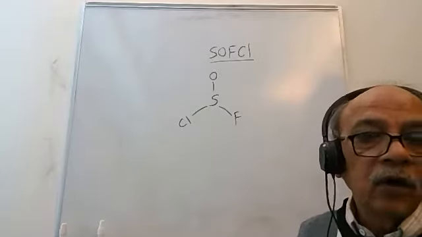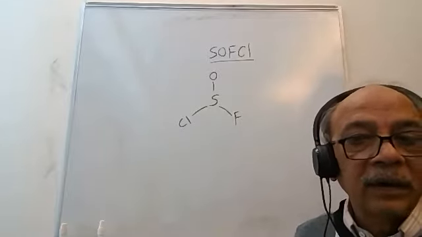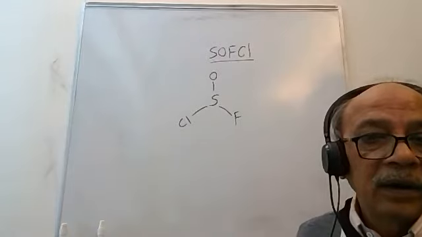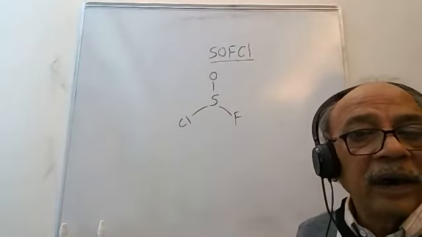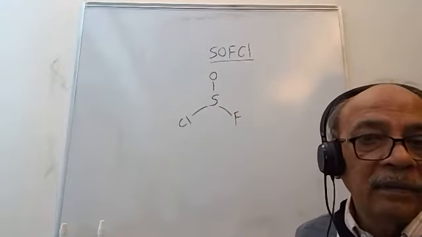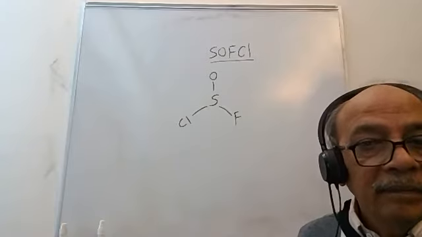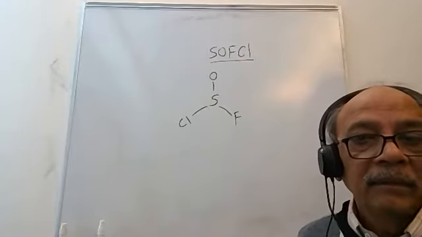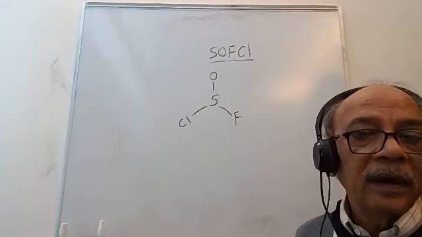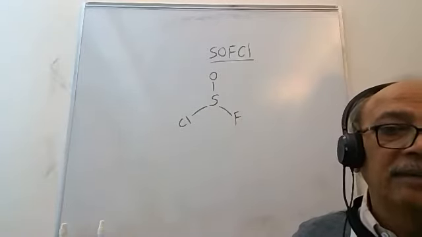Remember, oxygen is in group 6. Generally, elements in group 6, 6 minus 8 is 2, right? So they might like to make two bonds. If you have nitrogen, group 5, they like to make 3 bonds. If you have fluorine, chlorine, bromine, they are in group 7, so they like to make 1 bond. There are occasions where oxygen makes a single bond. In that case, the oxygen will have a formal charge.